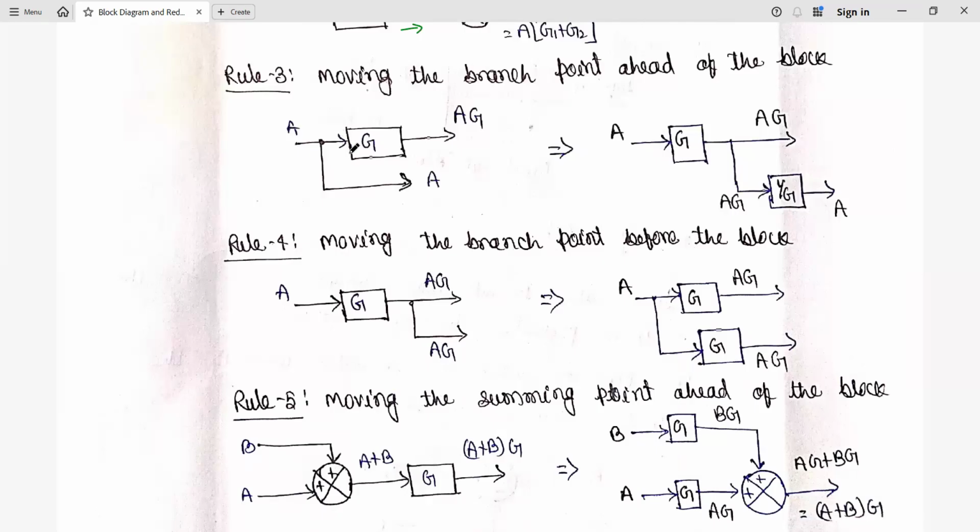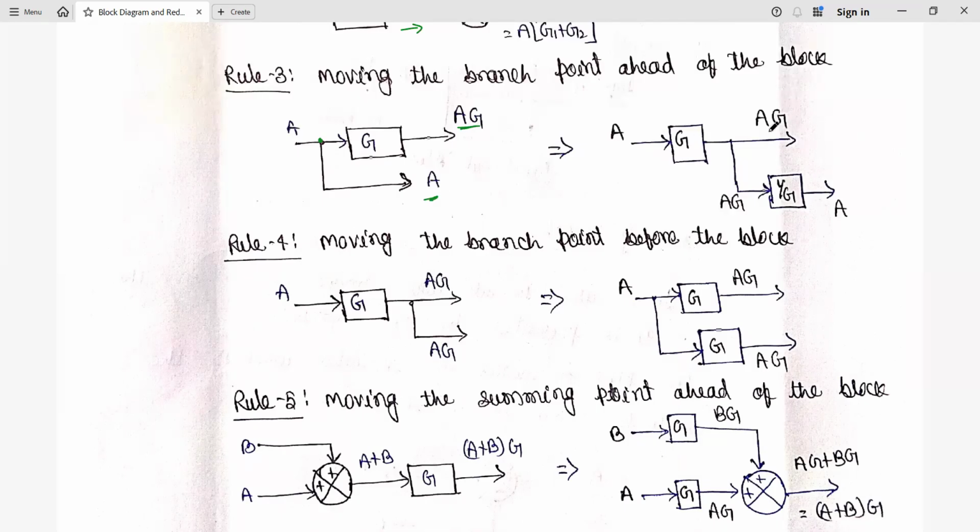So this is where confusion comes regularly. Now this branch point A, we are going to move after the block. So what change is going to occur here? Without the change, we have output AG and A is available here.